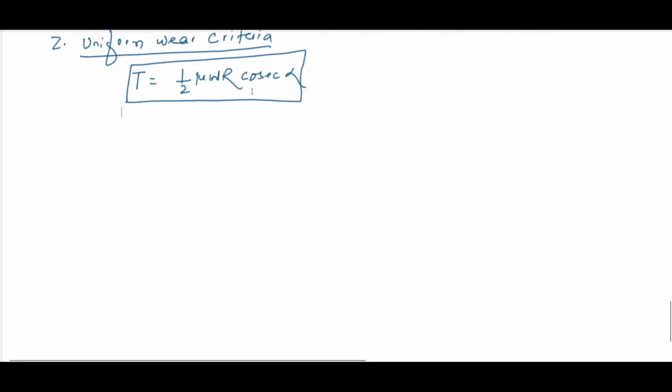Next is your trapezoidal or truncated conical pivot bearing. It is also known as truncated conical pivot bearing.